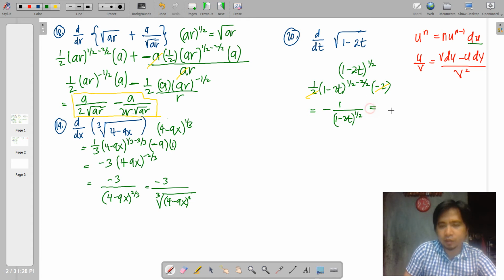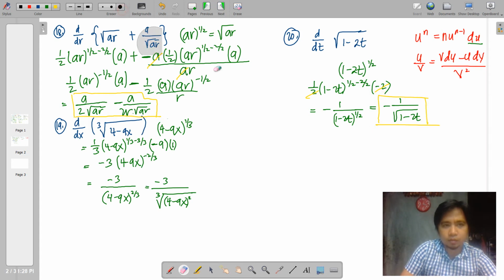So finally, we have negative 1 all over the square root of 1 minus 2t. So this shall be the final answer for the 20th problem.